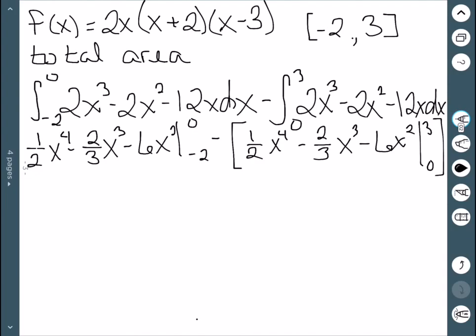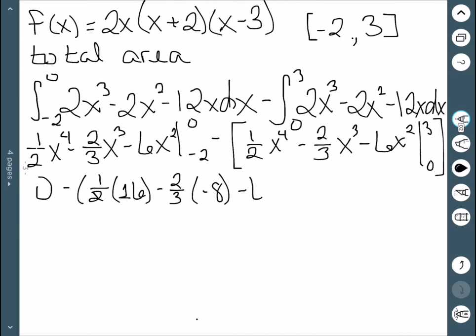Evaluating. The upper limit here gives us 0 minus 1/2 times negative 2 to the 4th, which is 16, minus 2/3 times negative 2 cubed, which is negative 8, minus 6 times negative 2 squared, which is 4.